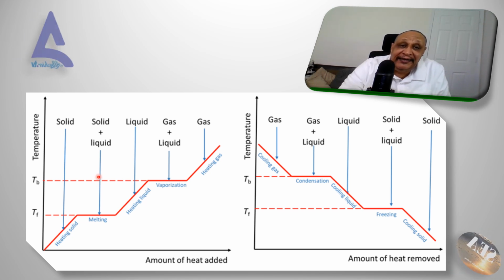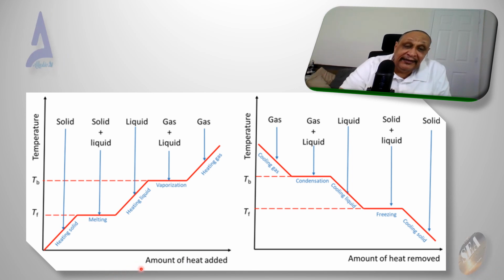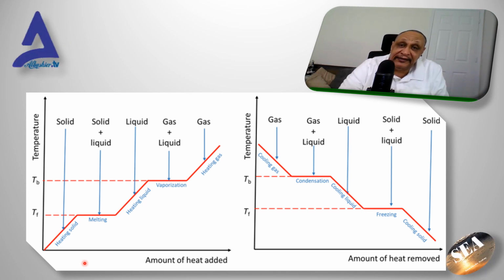And here we have the plateaus. We have two plateaus, so don't forget that. As the phase changes from phase to phase or state to state, the plateau is called the transitional state. So this is important. They look like each other.